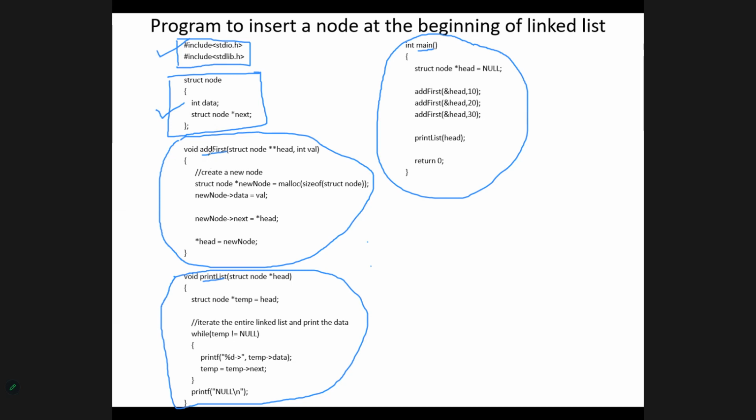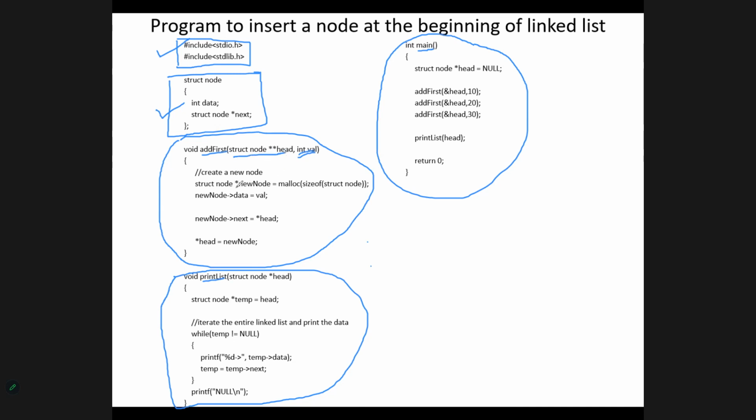Now I am creating a function called add first. At the beginning, we don't have any element in the list. So add first means we will add the value to the beginning. We are passing the value and also the head node to this function.